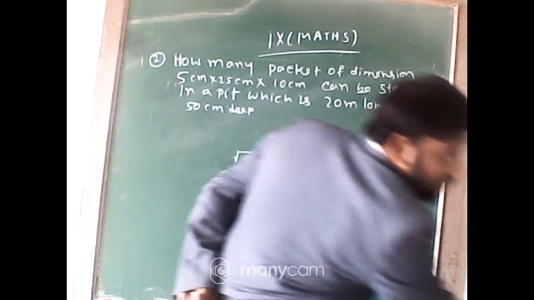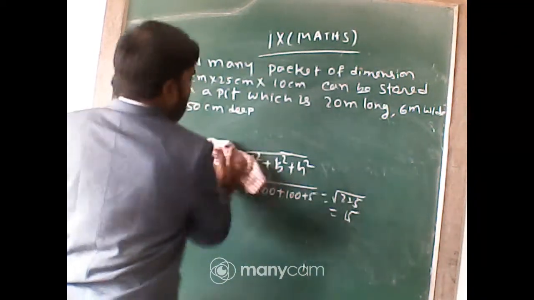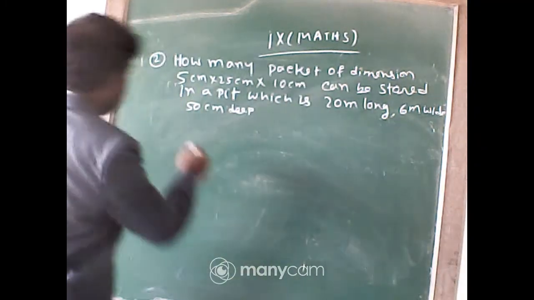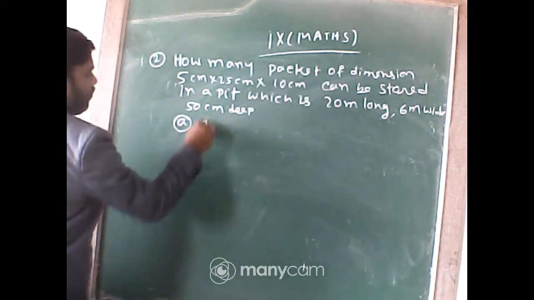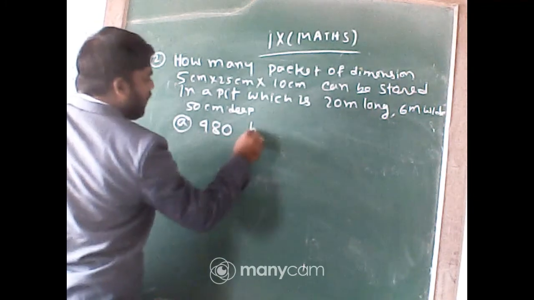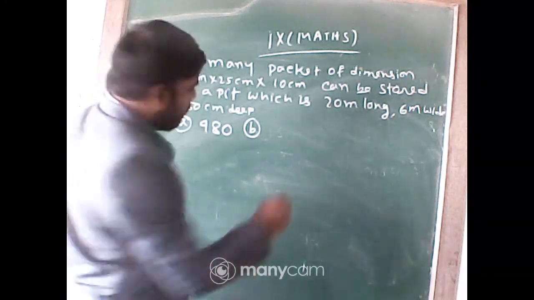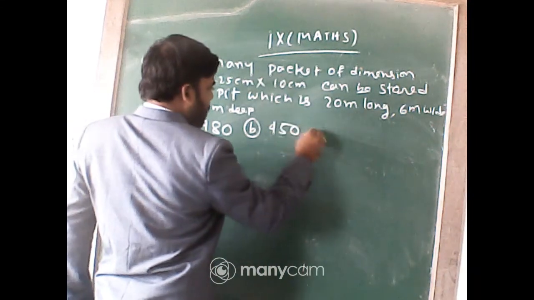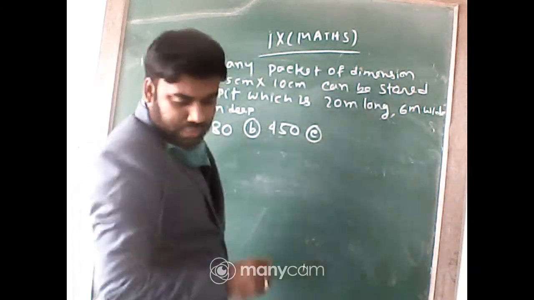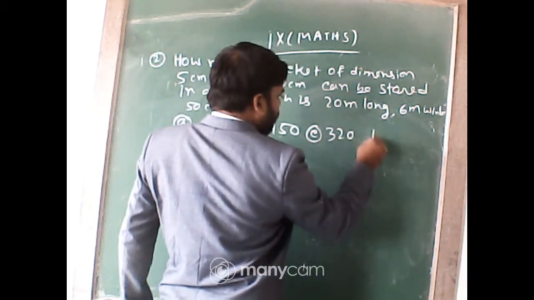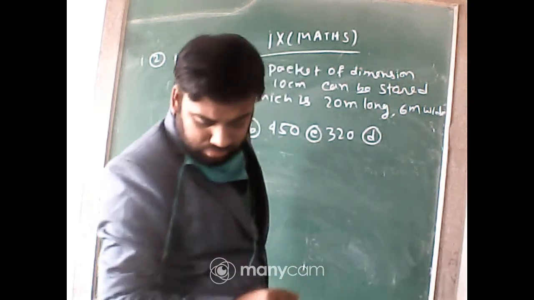Options are: option A 480, option B 450, option C 320, and option D 360.